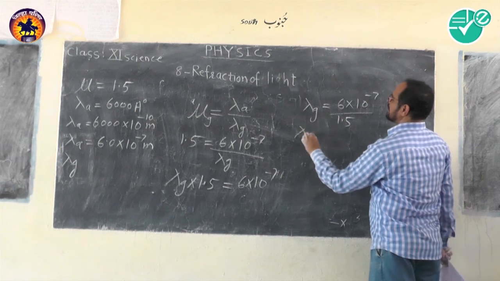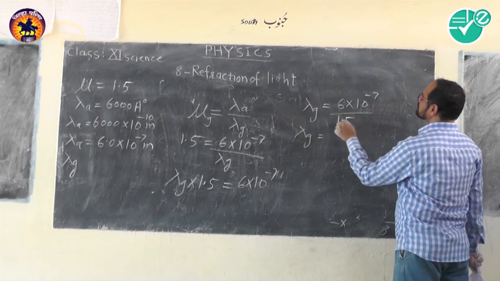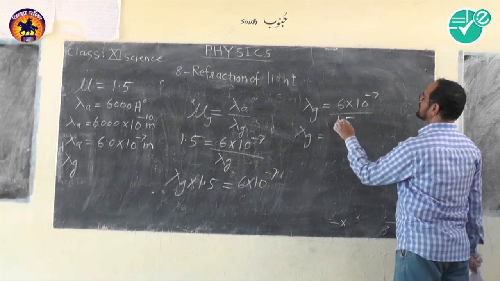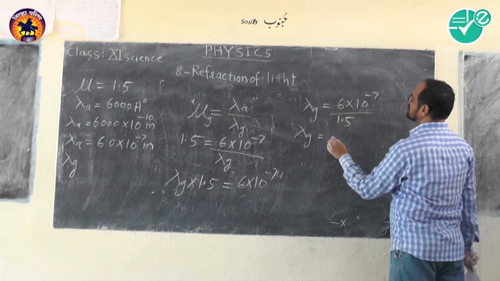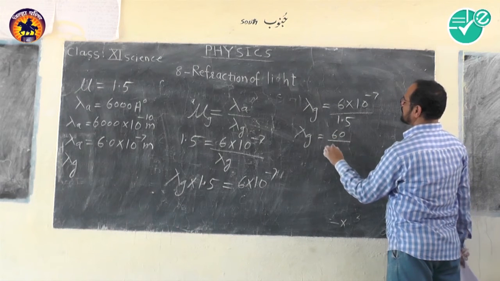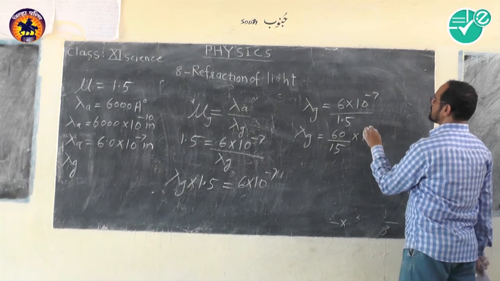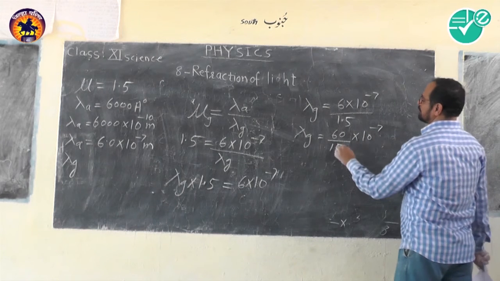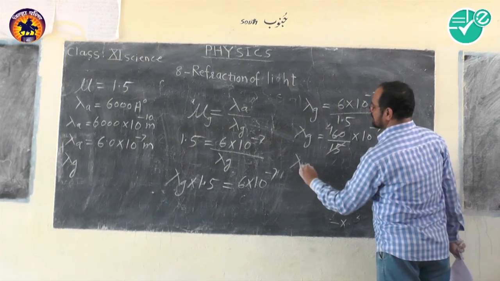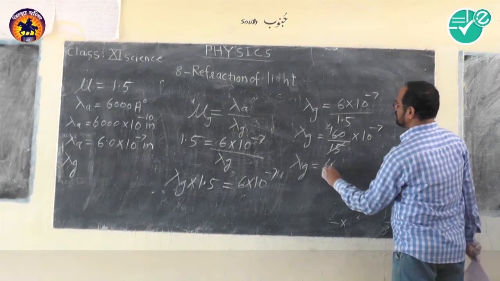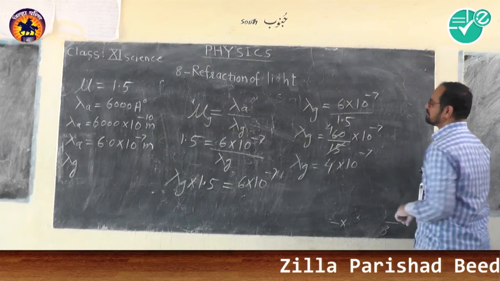Or we can also write this equation as, if we move this point one step, 60 upon 15 into 10 to the power minus 7. So if we divide, 15 4s are 60, so the answer will be lambda g is equal to 4 into 10 to the power minus 7.